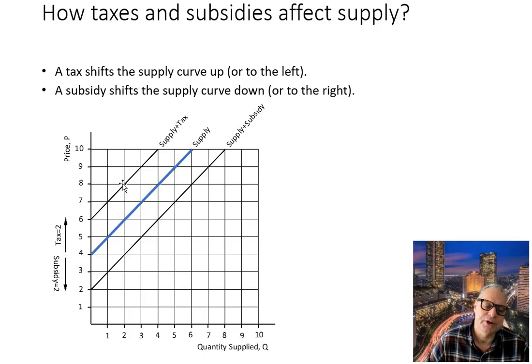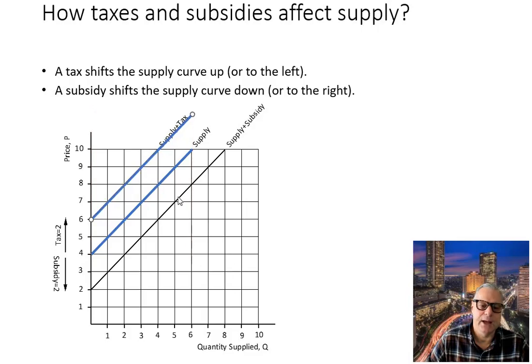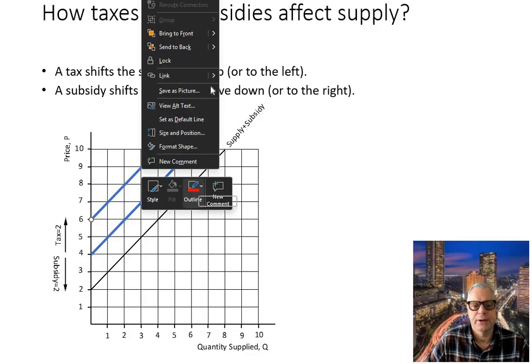So now if the government imposes a tax, that is basically a cost to the producers. So that follows now the same logic as an increase in the production cost. So you can now think that this either shifts the supply curve up or to the left. So the logic is the same as with higher production costs.